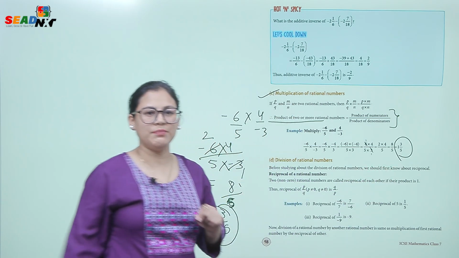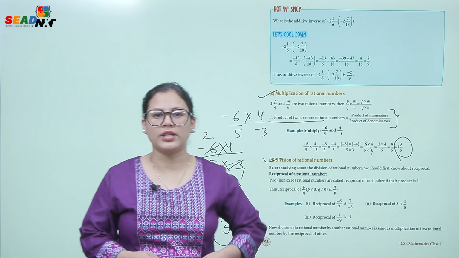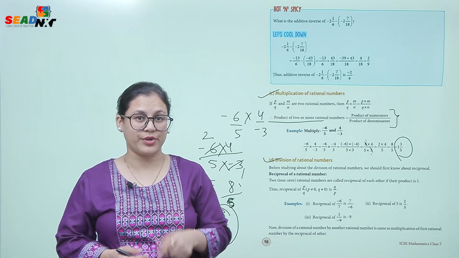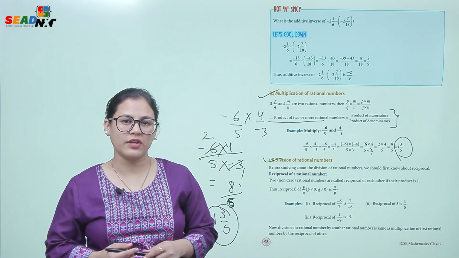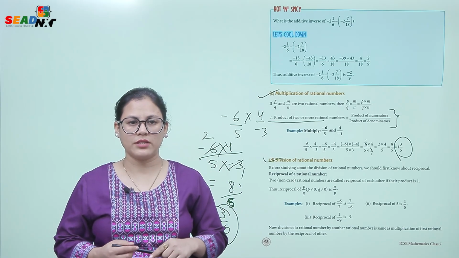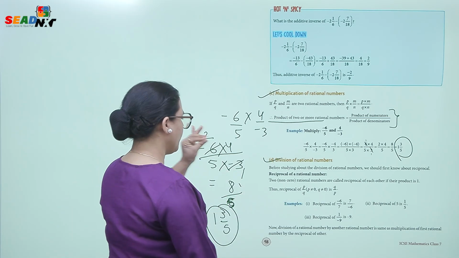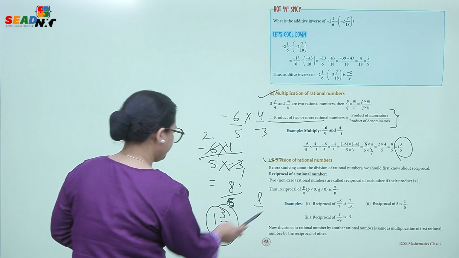Okay, now D part, division of rational numbers. Before starting about the division of rational numbers, we should first know about reciprocal. Reciprocal of a rational number. Two rational numbers are called reciprocal of each other if their product is 1. Thus reciprocal of P by Q is Q by P. Okay, P by Q का reciprocal. Okay, have a look here.